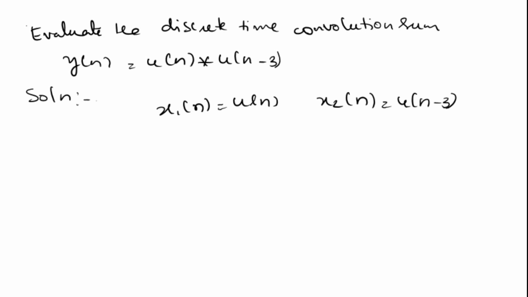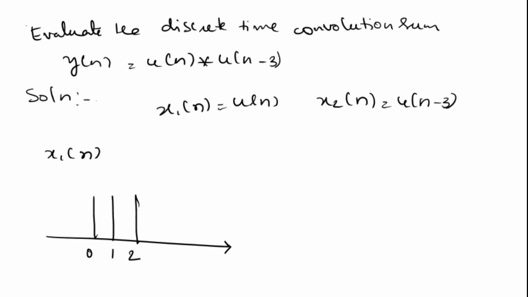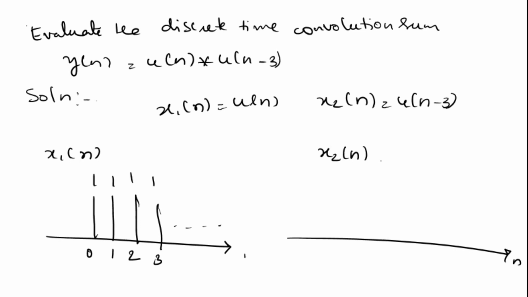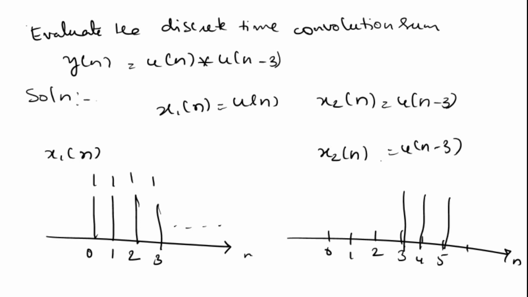So first we have to draw x1 of n and x2 of n. x1 of n is u of n, that is unit step function with amplitude 1, and x2 of n is u of n minus 3, that means the signal will start from 3, and so on.